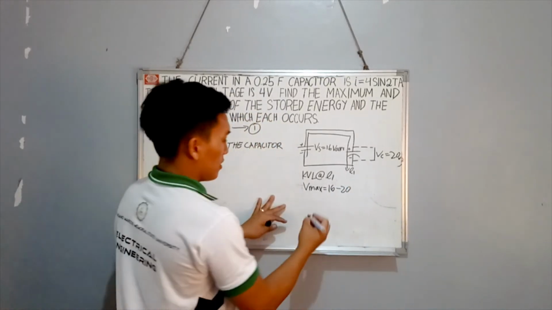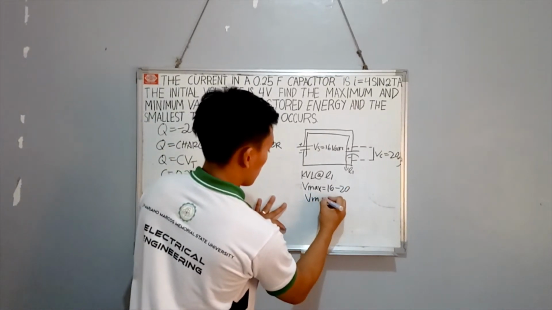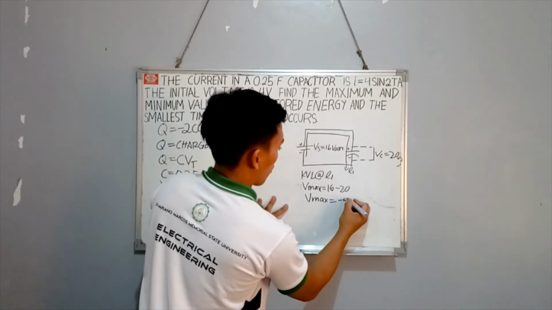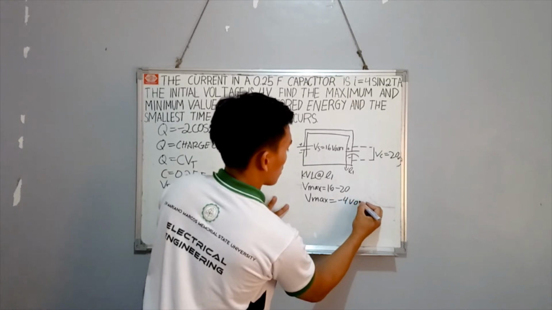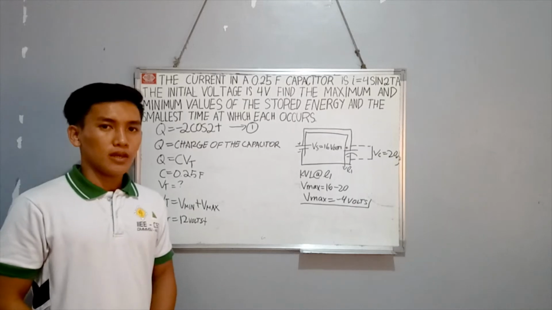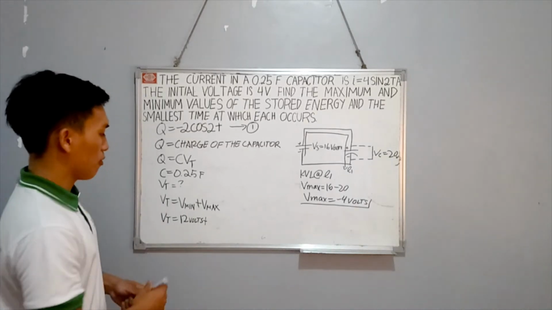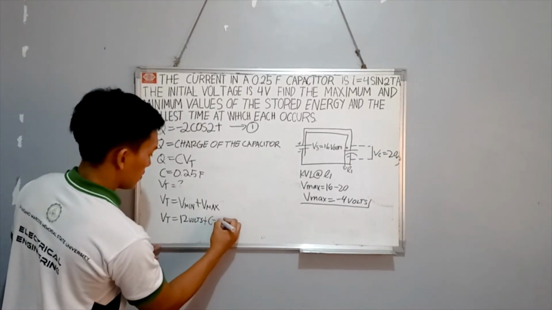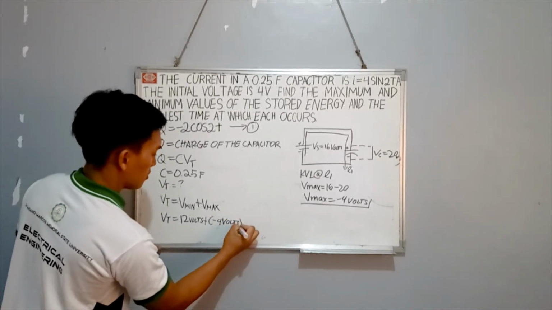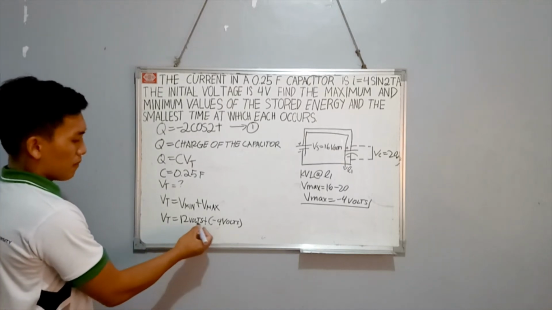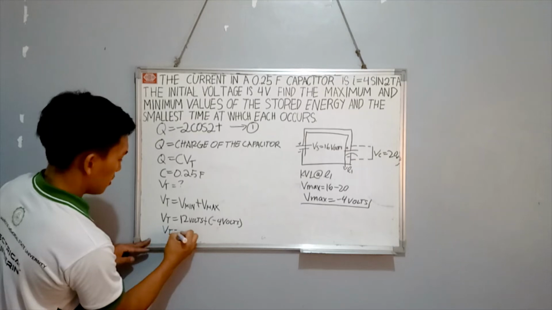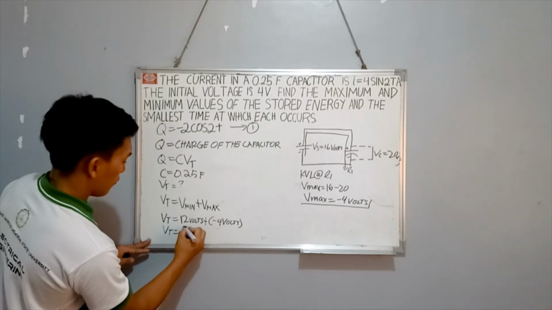And if you simplify, Vmax is equal to negative 4 volts. Where 12 plus negative 4 volts is equal to Vt, which is 8 volts.